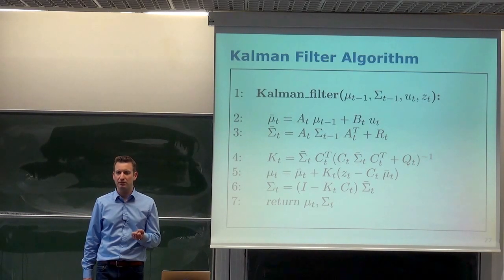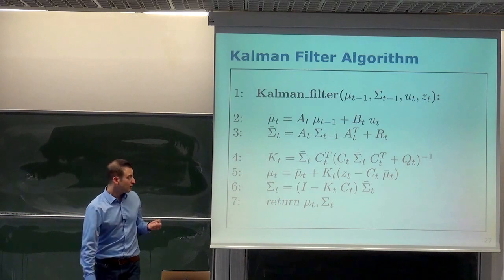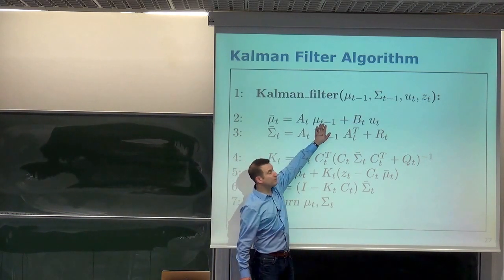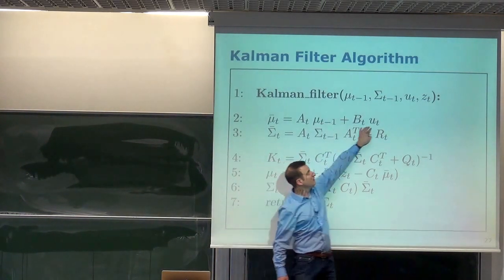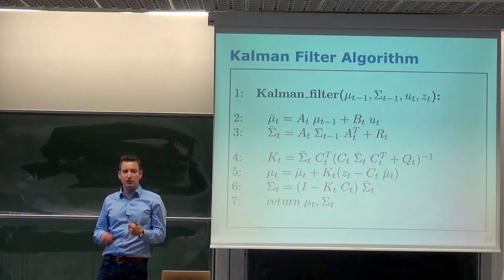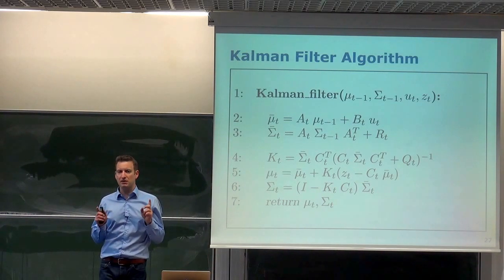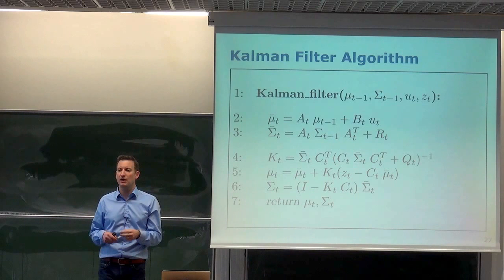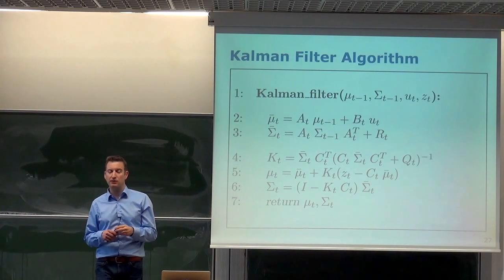Okay? So we start at the previous mean that we had, and the odometry command, and via this function, this maps into the predicted mean, the predicted belief. Not taking into account the observation, only taking into account the control command.